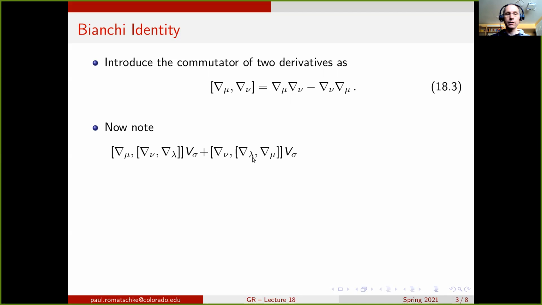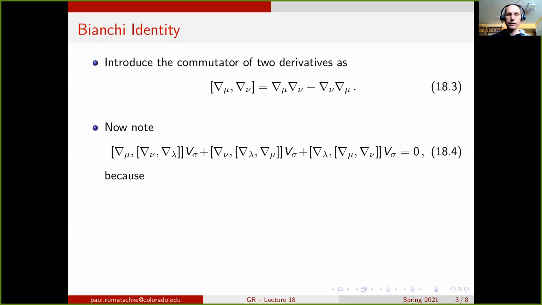The next one is nu, lambda, mu. So basically I have just shifted all the indices to the left and put the index that is at the very left all the way to the right. I can do this once more, so then I have lambda, mu, nu acting on the vector. And the claim is that the sum of these three terms will turn out to be equal to 0.